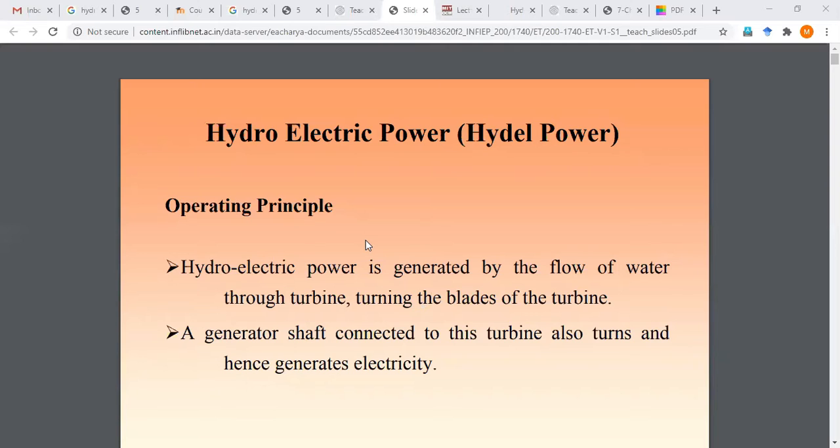And if the rotor of the generator or alternator rotates in the presence of an electromagnetic field, EMF is induced in the armature conductors. That is the generation of electricity. This is the basic working principle of hydroelectric power, sometimes called hydel power plant.